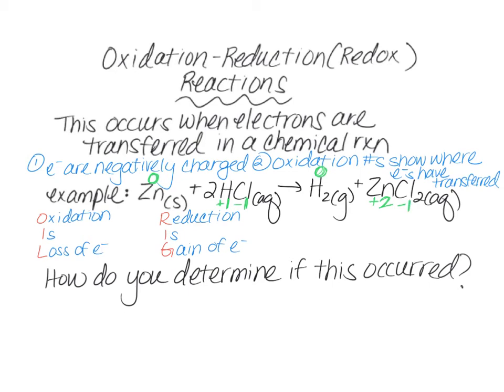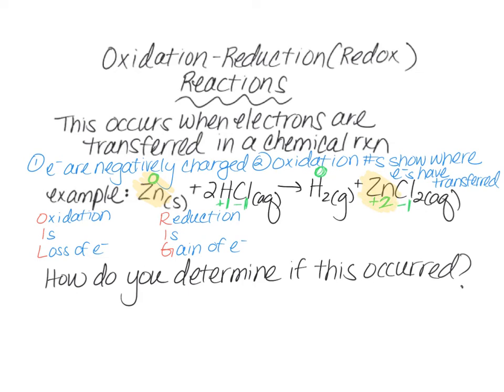So let's use these oxidation numbers, which again will always be given to you on a quiz or exam, to determine what species lost electrons and which gained. So let's highlight zinc. Zinc on the left-hand side has an oxidation number of 0. On the right-hand side, it has an oxidation number of 2+, or +2.